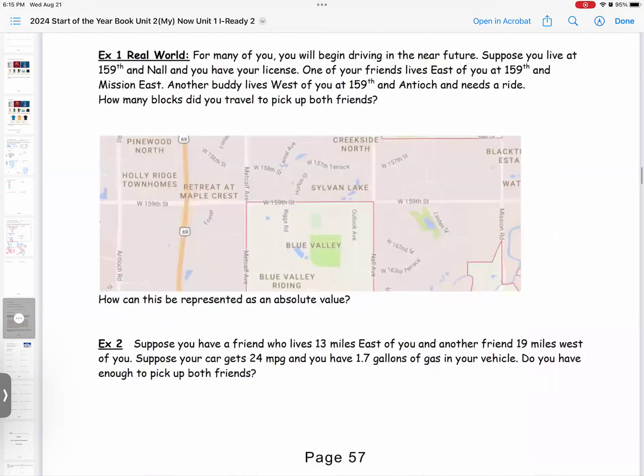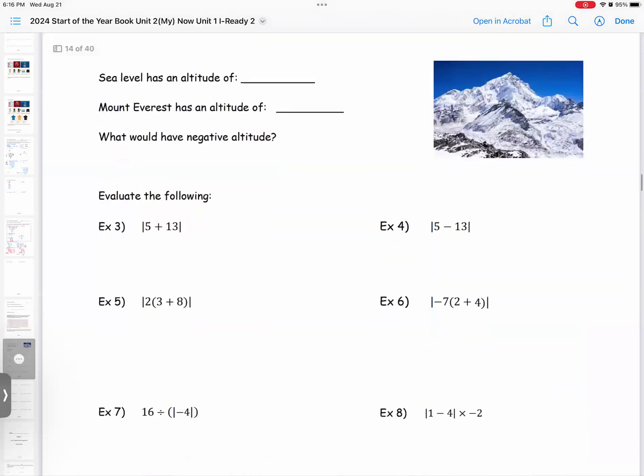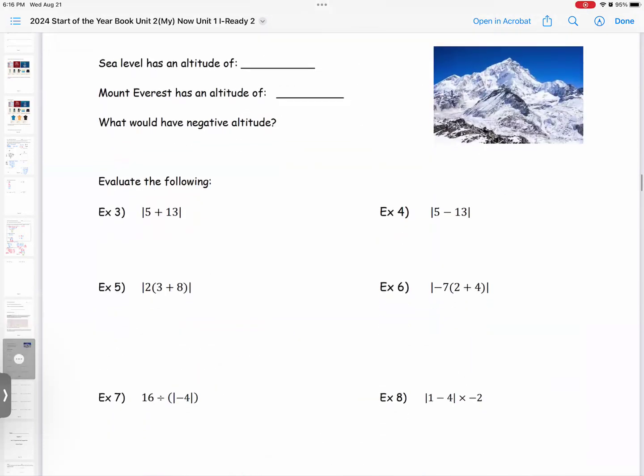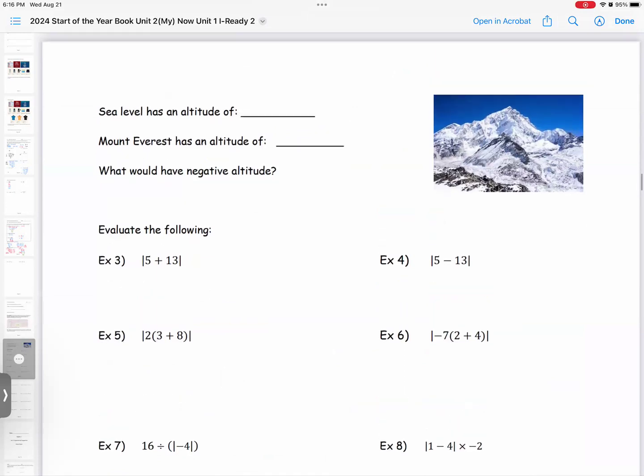Now, on page 2, we see that sea level has an altitude of 0. If you imagine the ocean, that has a sea level of 0. Mount Everest, on the other hand, if you know this one off the top of your head, has an altitude of 29,032 feet at the time of this recording.